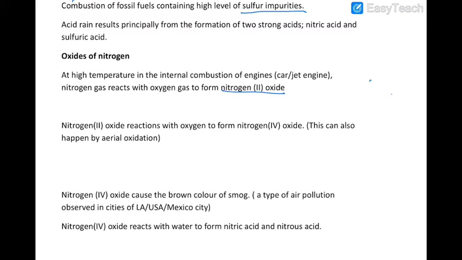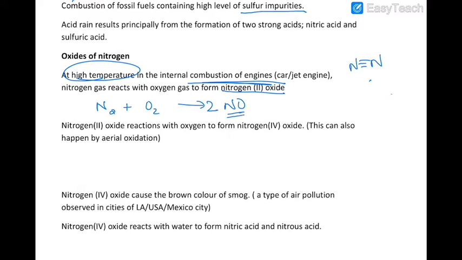Now, let's see pollution due to oxides of nitrogen. These are formed in internal combustion engines, and this happens when nitrogen in the air reacts with oxygen at high temperatures, because a large amount of energy is required to break the triple bond in nitrogen. So nitrogen reacts with oxygen to give you oxide of nitrogen.